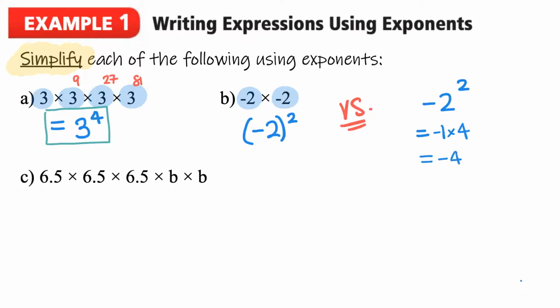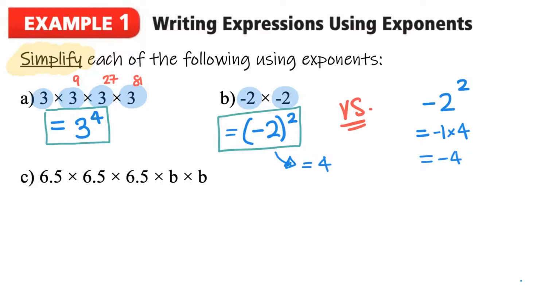But if we go back to what B actually is, negative 2 squared, it's going to be negative 2 times negative 2. And we know a negative times a negative is a positive. So this one would actually equal 4. So there's a big difference between having these parentheses or not. So if we go back to B, what the answer should be for simplifying is negative 2 in parentheses squared.